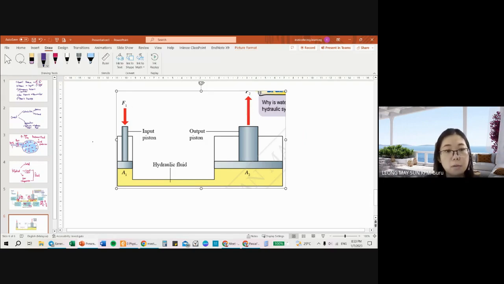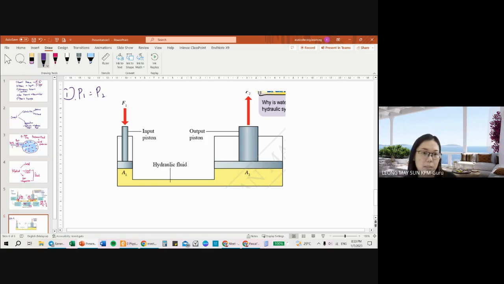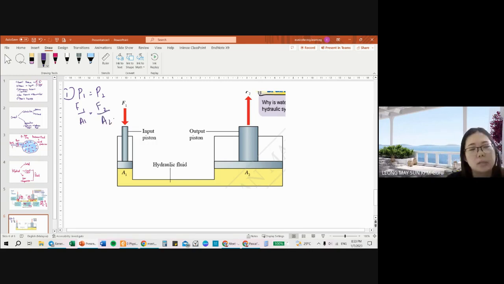Okay, so obviously the first one, Pascal's principle, is that the pressure at the first piston and the pressure at the second piston are the same because it's transmitted equally. So F1 over A1 equals F2 over A2. Now let's go to the question that was asked just now. What happens to the volume? When I press this force down at a small cross-sectional area, this liquid is fully enclosed.